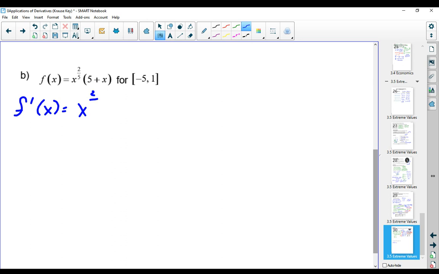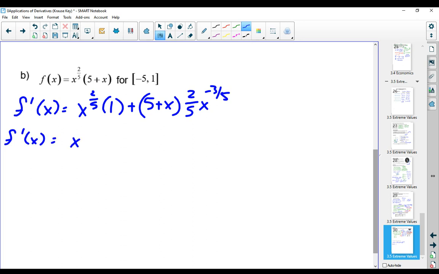So x to the 2/5 times the derivative of 5 plus x, which is 1, plus 5 plus x times the derivative of x to the 2/5, which is 2/5 times x to the -3/5. We're going to simplify that down. x to the 2/5, I'm going to multiply this through. Gives us 2 times x to the -3/5 plus 2/5 x to the 2/5.